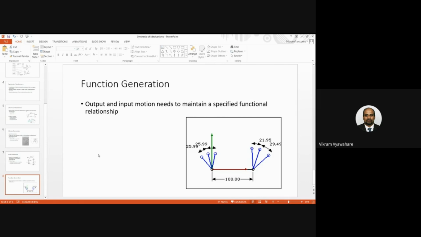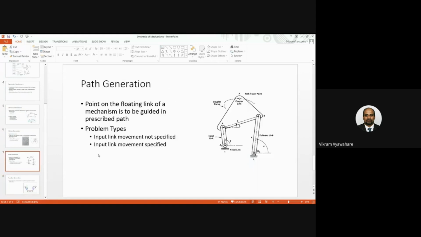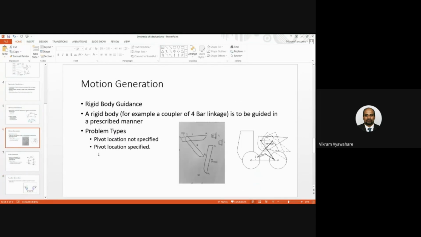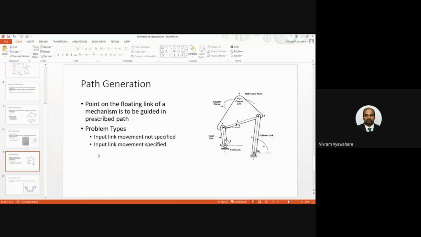Again, the input link moves some degrees, then again correspondingly the output has to follow. This is given, and accordingly we have to design the mechanism. So is everyone clear about the three types of problems? This is the classification of dimensional synthesis: motion generation, path generation, function generation.